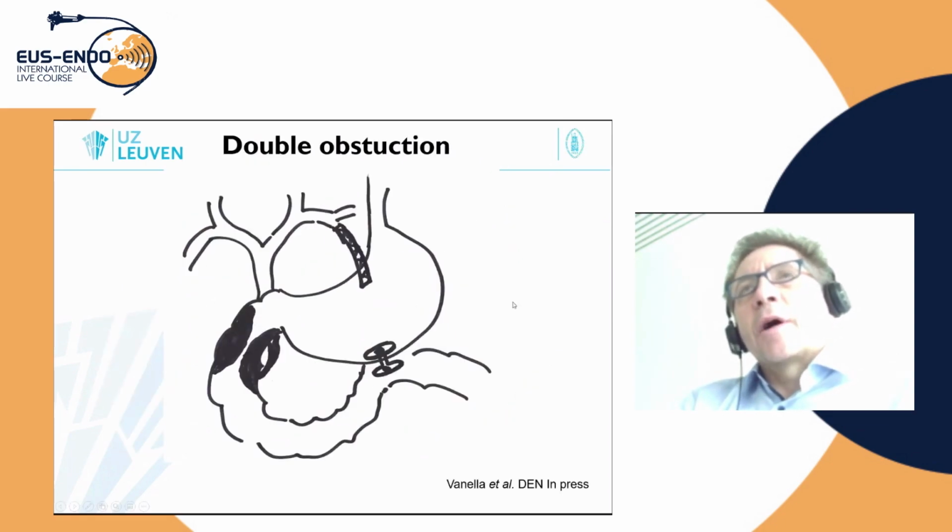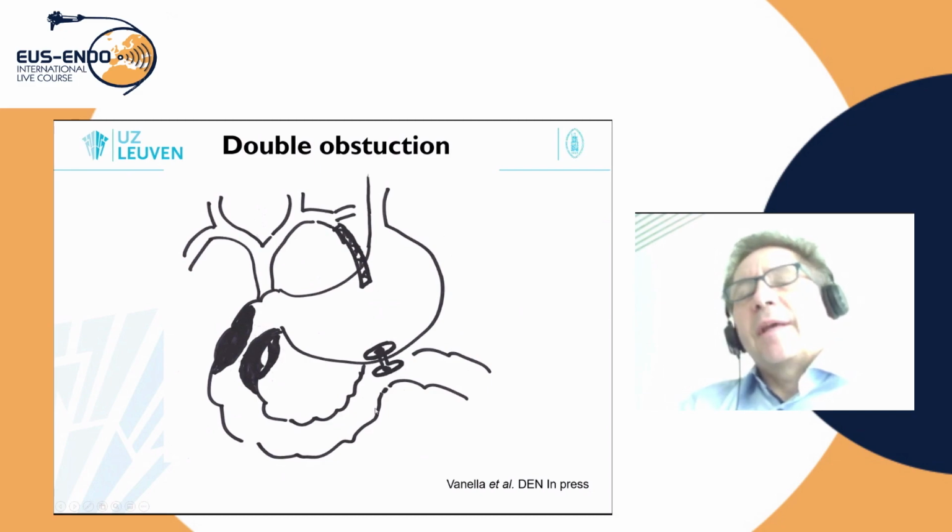And then the scenario of double obstruction, where we have the opportunity, in the same session, to drain not only the obstructed duodenal segment due to the ingrowth of tumor using a gastroenterostomy stent placement, but also at the same time drain the bile duct, if necessary, to the stomach.